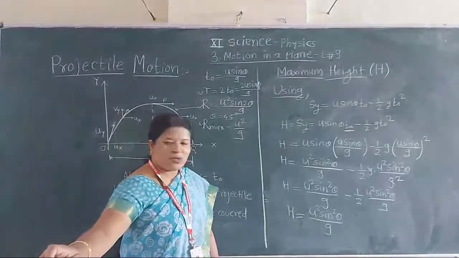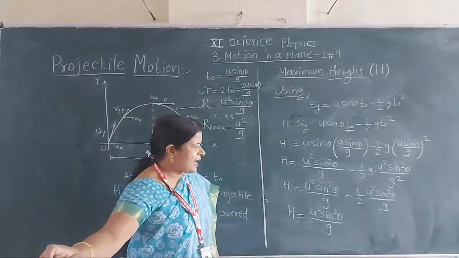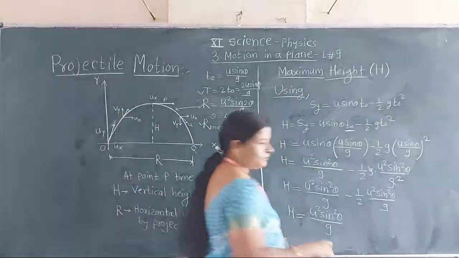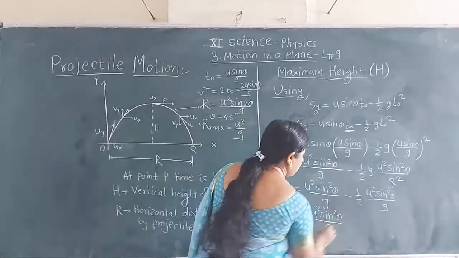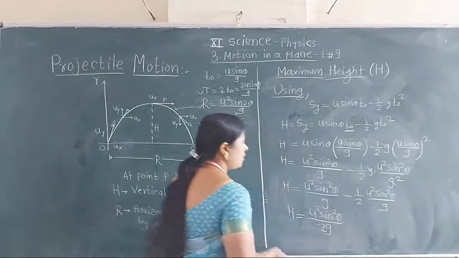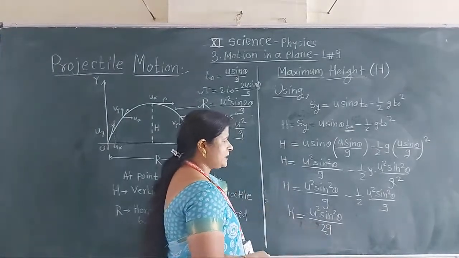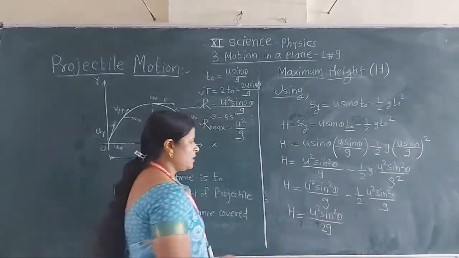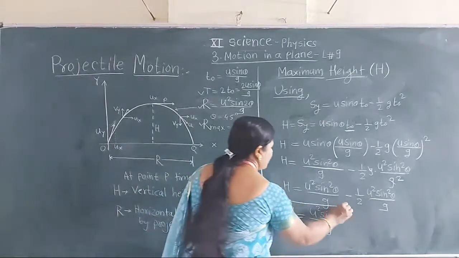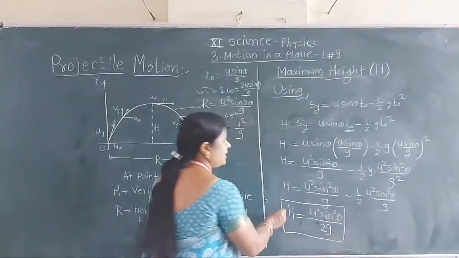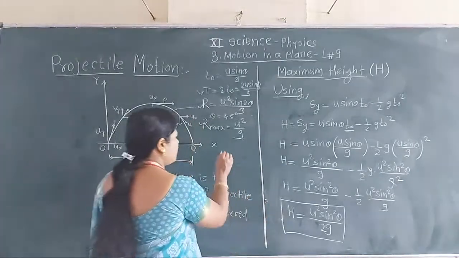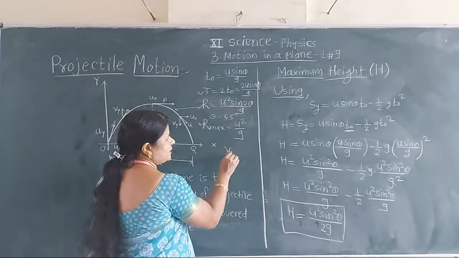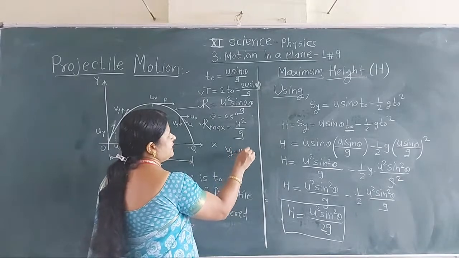As we get u square sin square theta divided by twice g, the 2g is here. So this is the equation for maximum height of the projectile, and we know that uy or py is equal to u sin theta.